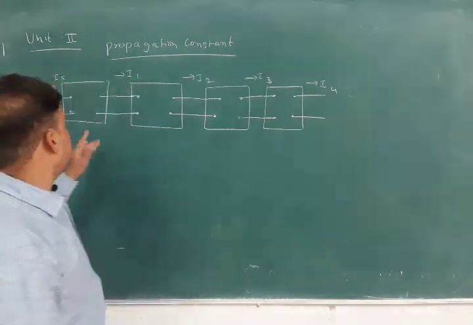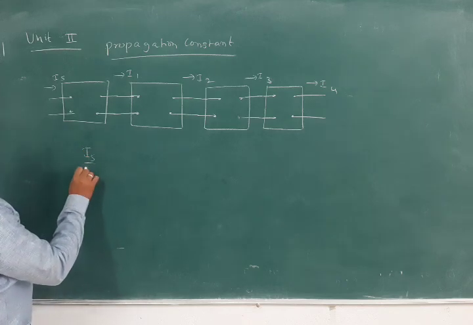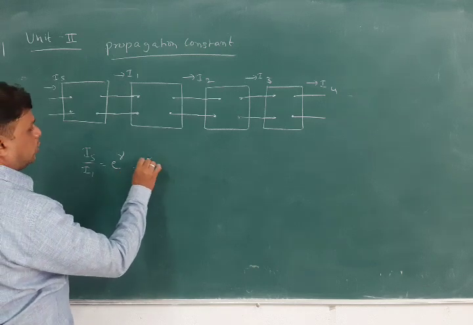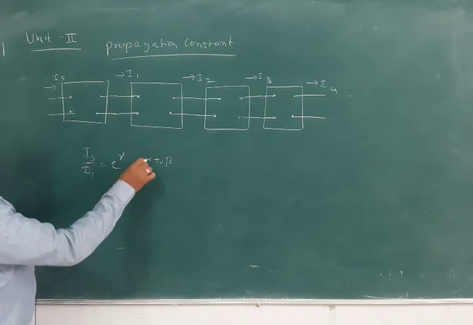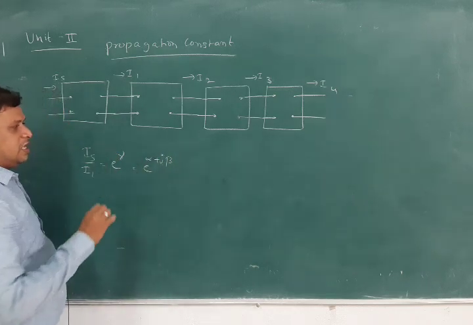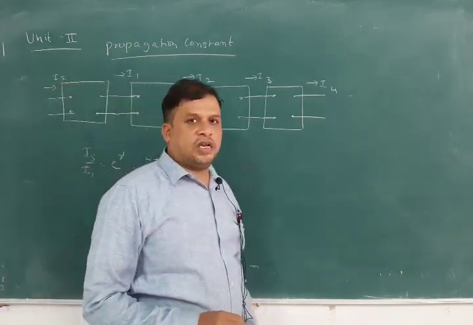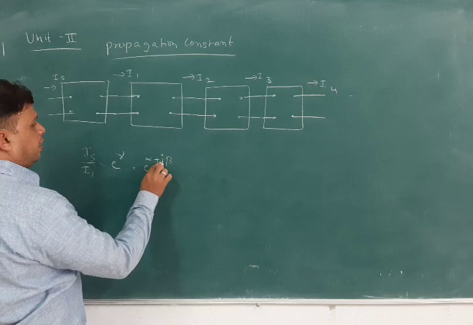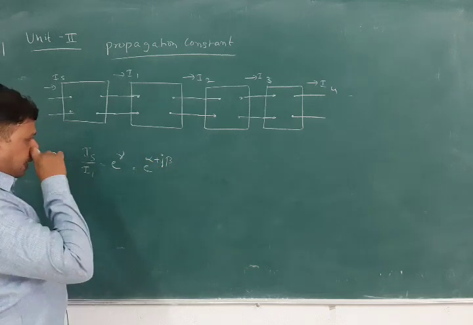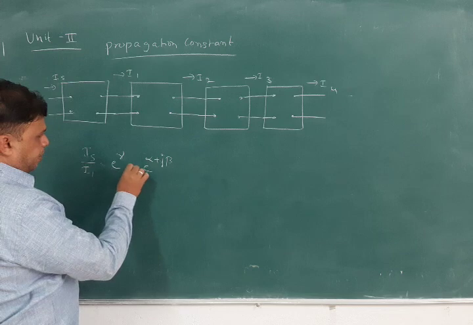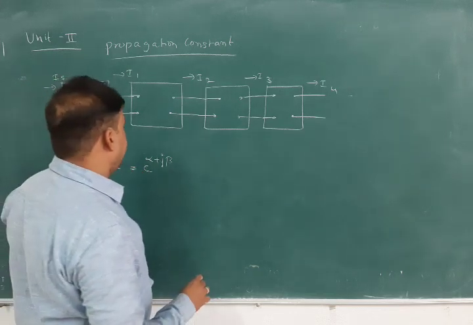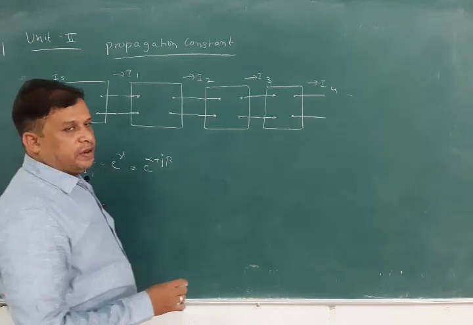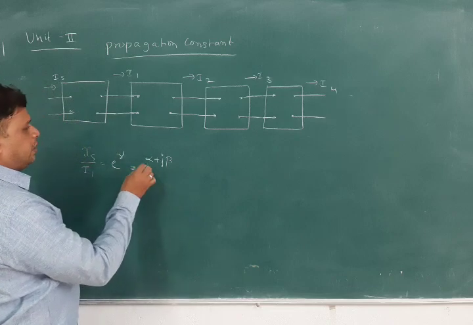Now we will talk about the ratio IS by I1. IS by I1 is represented as e power gamma, and gamma is equal to alpha plus j beta. Here we represent alpha as the real part and beta as the imaginary part, where the sending end and the receiving end are related. The j beta is represented in the form of sin beta and cos beta, and alpha is represented as e power alpha.